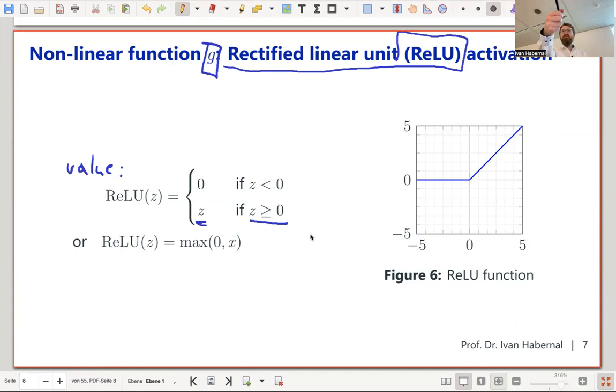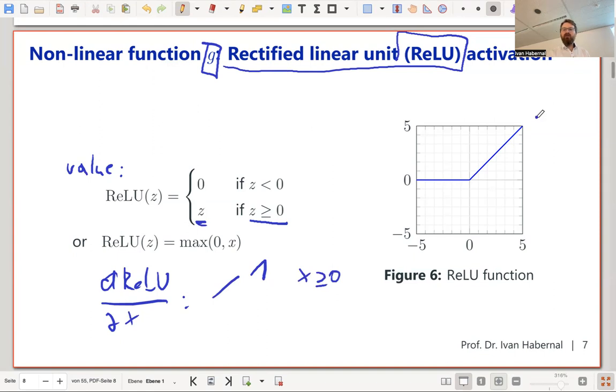Yeah, you said it. It's 1. It's 1 for all values. So d ReLU d x is 1 for x, right? I mean, this is a linear function and it has derivative 1.